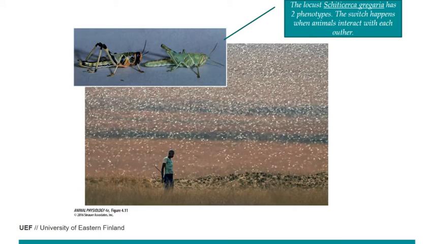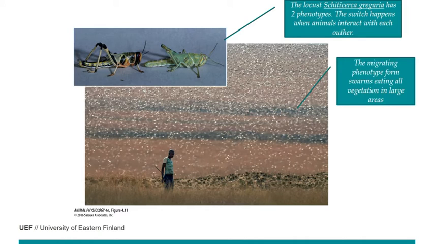This means that the population density is quite high when they are facing the same species. That causes them to change to the migration phenotype, and these migrating phenotypes form swarms that eat all the vegetation in large areas.